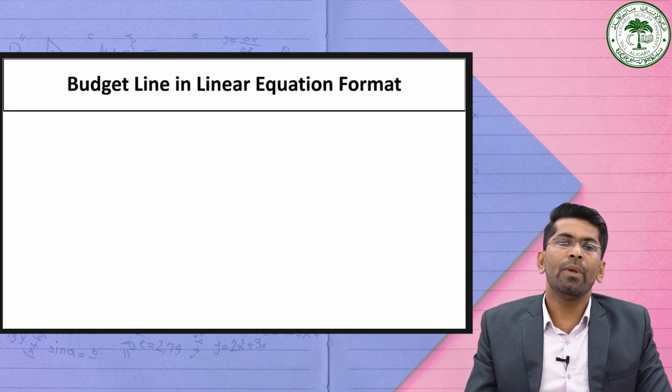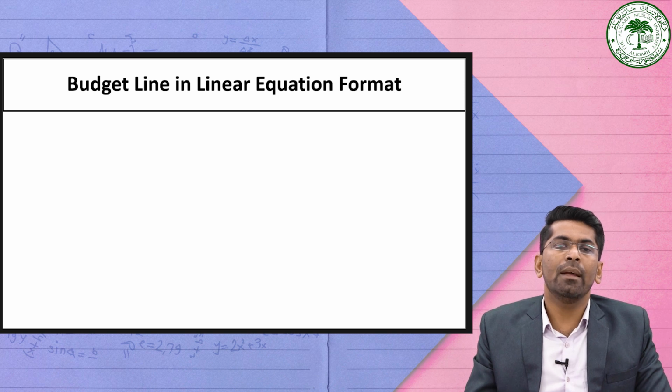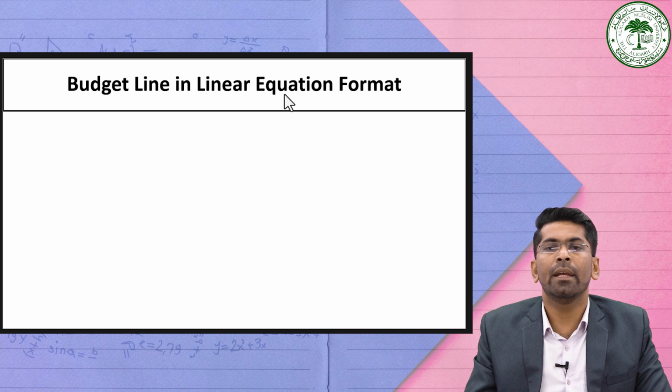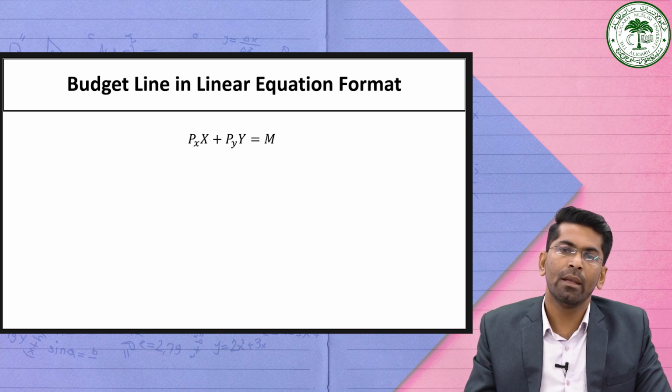Now let's find a linear equation from the given budget line, that is, the budget line in linear equation format. We know the budget line mathematically: price of x into x plus price of y into y is equal to m. Now this equation can be transformed into a conventional linear equation by solving it for y.